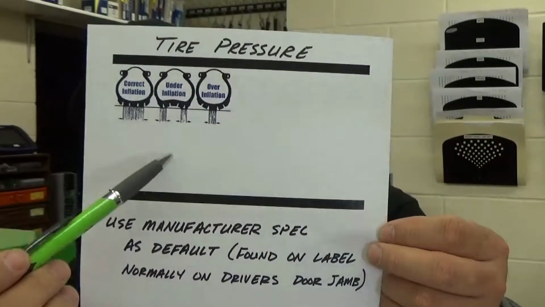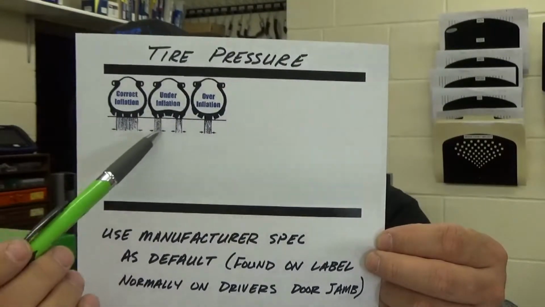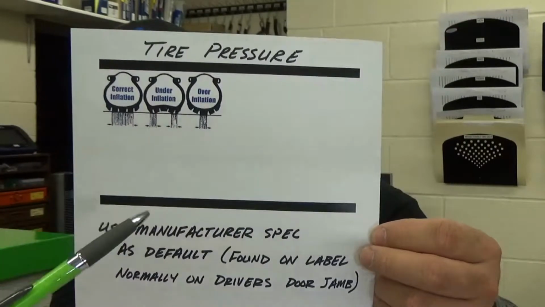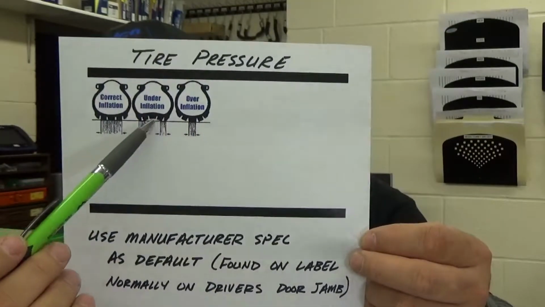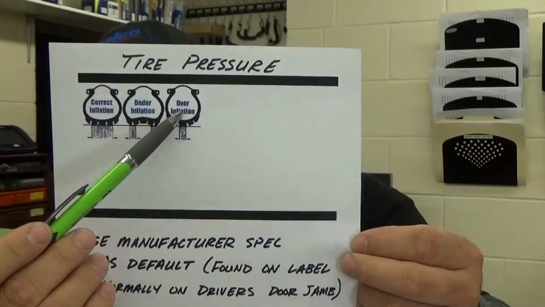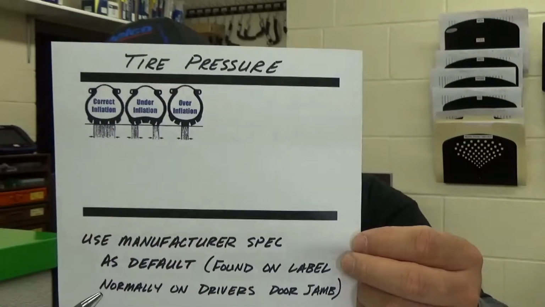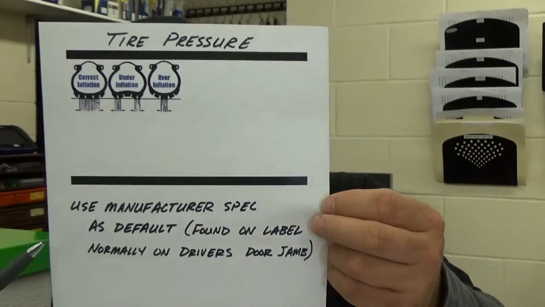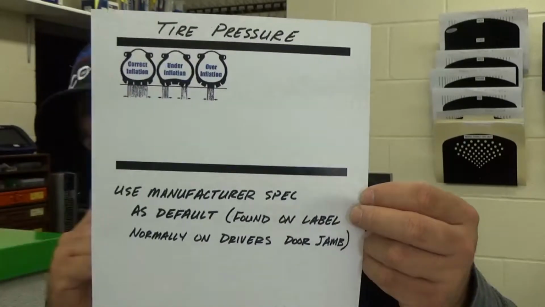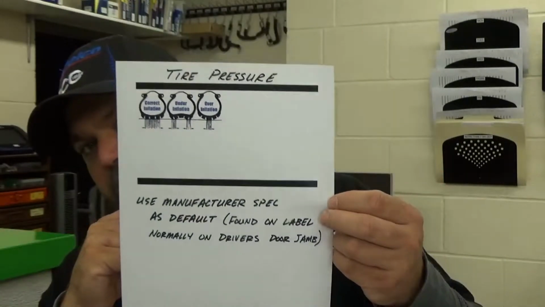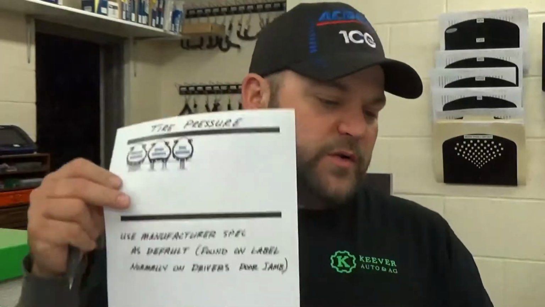This is underinflated, where the center is concave. Then this is overinflation, where you've got a convex tire contacting the road. So use the manufacturer specs as found on the label, normally on the driver's door jamb. Pretty self-explanatory. This will be included within the documentation for our tire fundamentals packet.